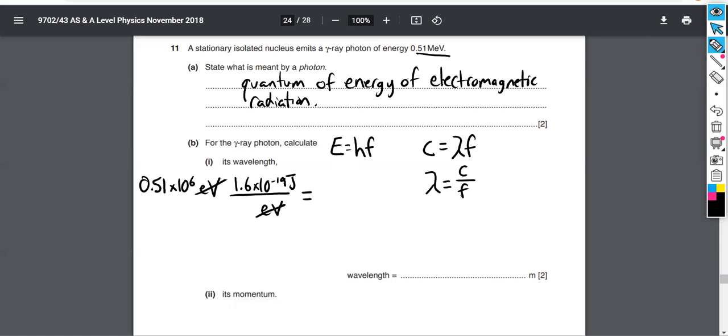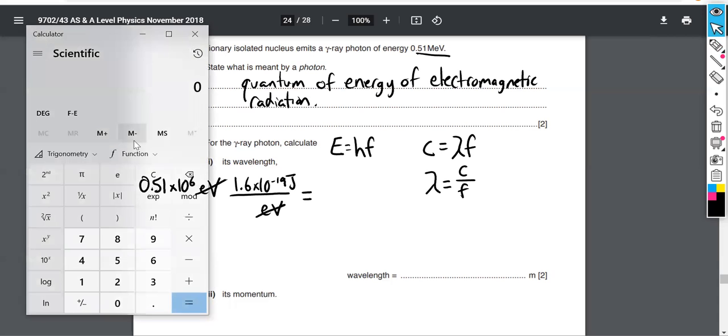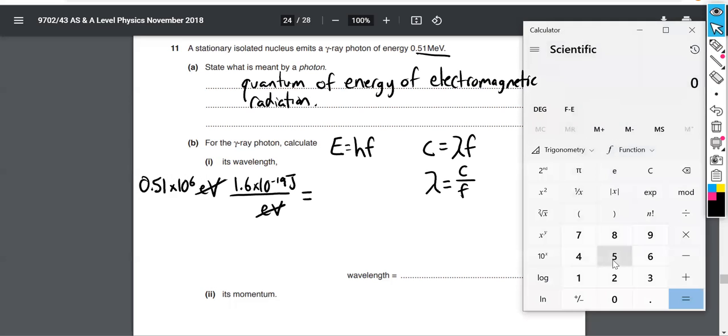So calculator here. 0.51 times 10 to the 6.